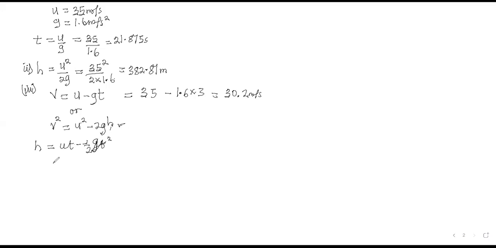So the vertical height reached after 3 seconds is 35 times 3 minus half times 1.6 times 3 squared.